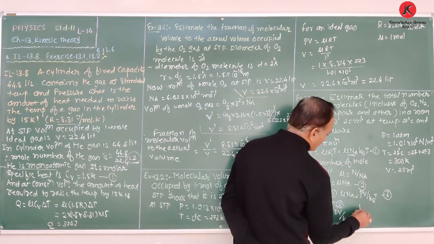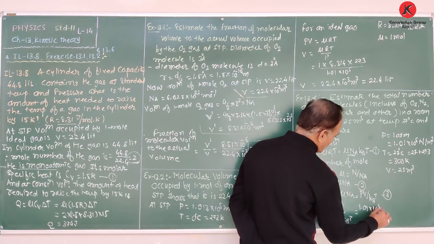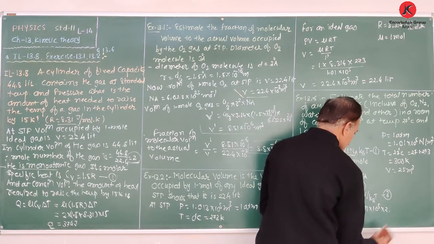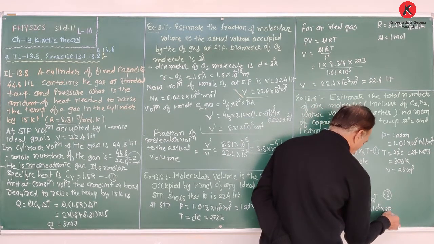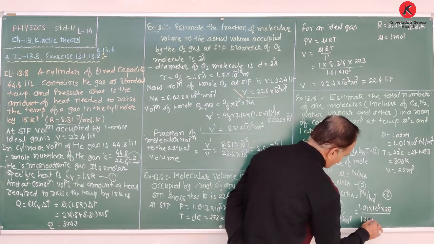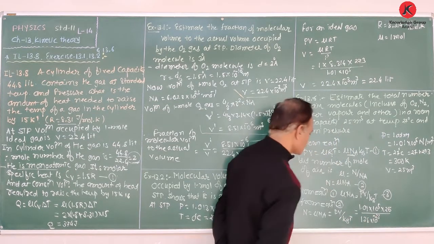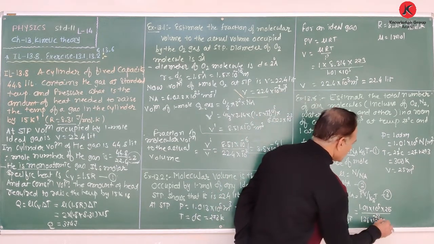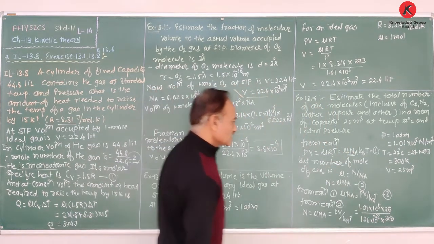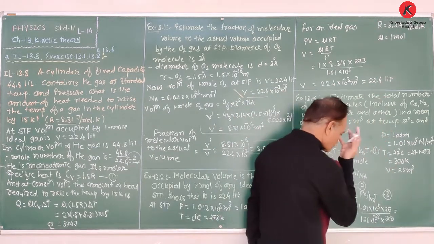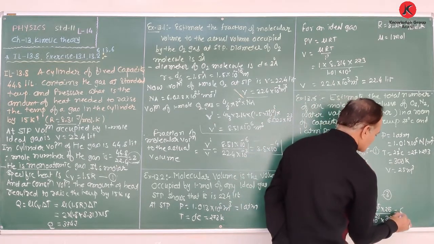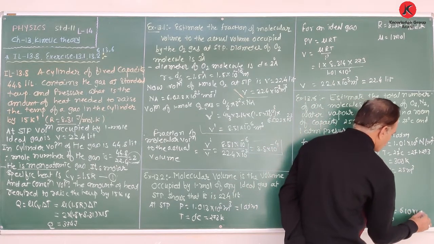Substitute the value of P, 1.01 into 10 to the power 5, volume 25 meter cube, upon Kb, Boltzmann constant 1.38 into 10 to the power minus 23, temperature T is given as 300 Kelvin. Thus we find out the number of molecules is 6.10 into 10 to the power 26.